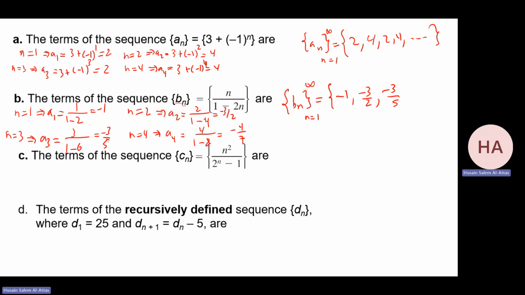No, this is minus 2 over 3. How does it come? Yeah, because of the denominator. Okay, minus 2 over 3. Then minus 3 over 5. Next one, minus 4 over 7, and so on.